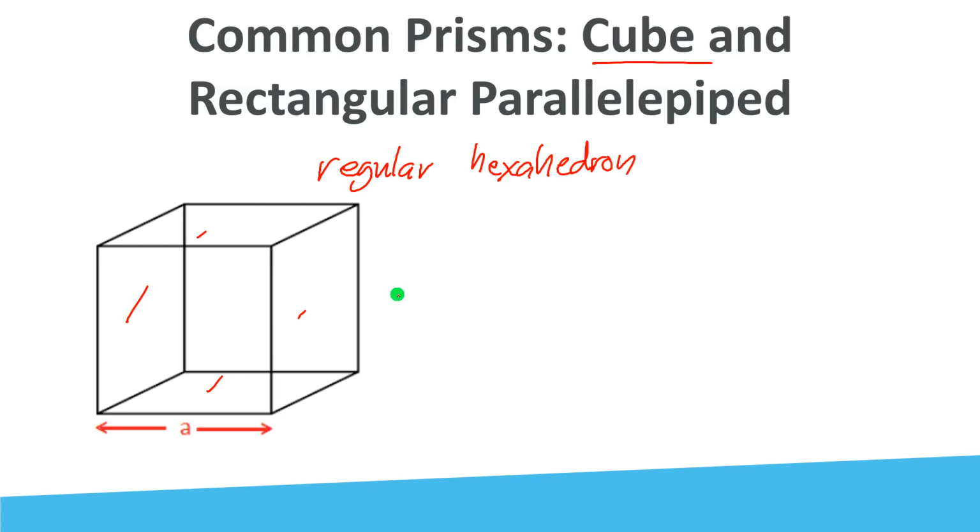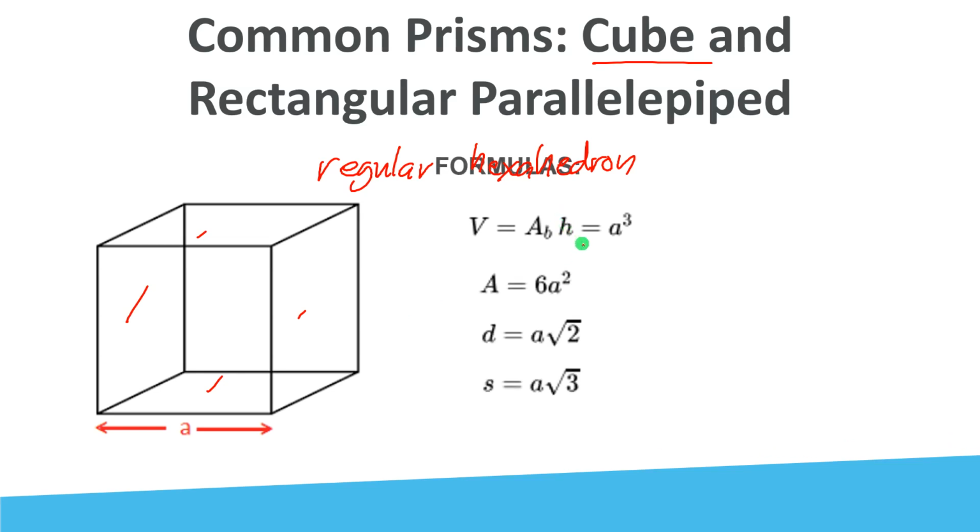Now, what are the formulas that we can use in computing the volume, area, diagonal, and space diagonal? For the volume, we have area of the base times the height.